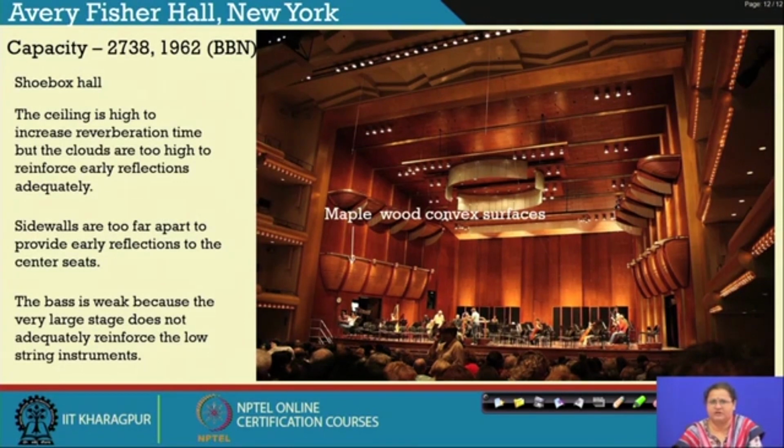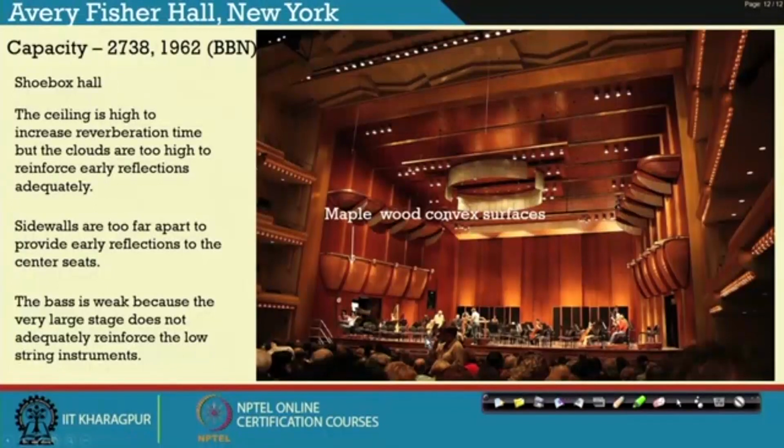This is also a shoebox shape, but the side walls were far away. So, the central part of the seating was not getting reflected sound from the walls, and the central audience were devoid of sound. Same thing happened from the ceiling side.